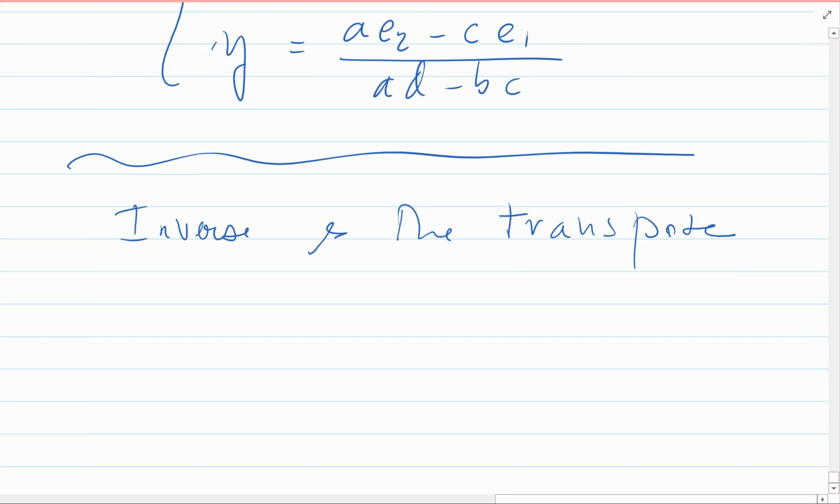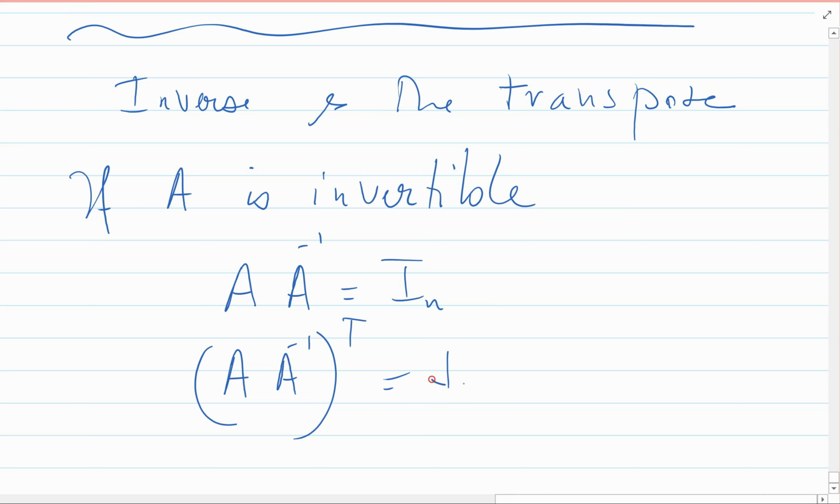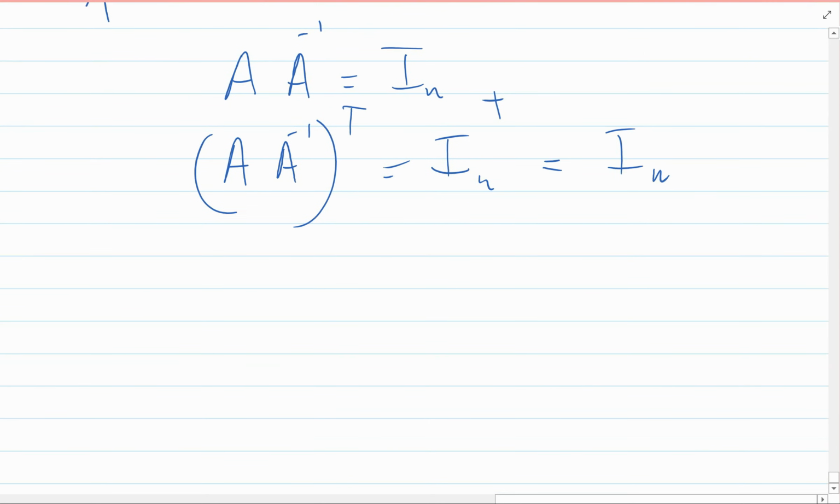So here it's easy to see that if A is invertible, okay, then we know that A times A inverse will be equal to In. Okay, so let us take the transpose. So we get (A inverse) transpose times A transpose... the transpose of the product equals In transpose, which is In. So the transpose of the identity is just the identity.